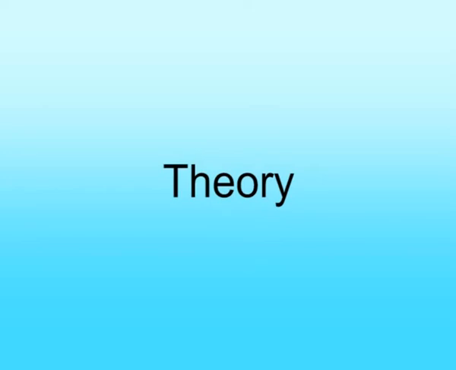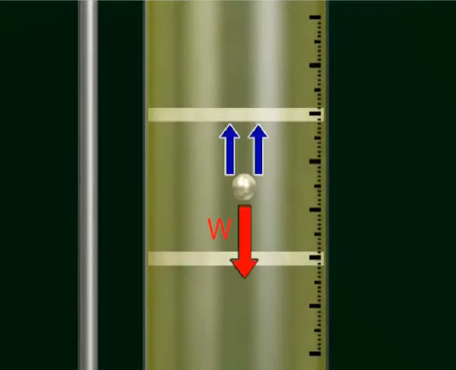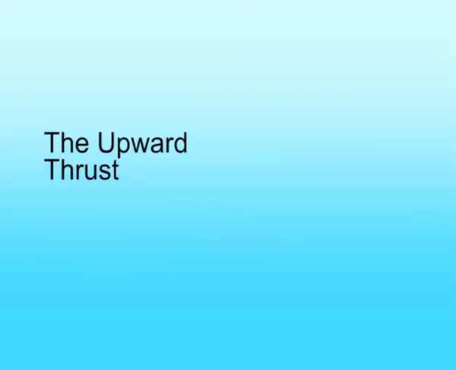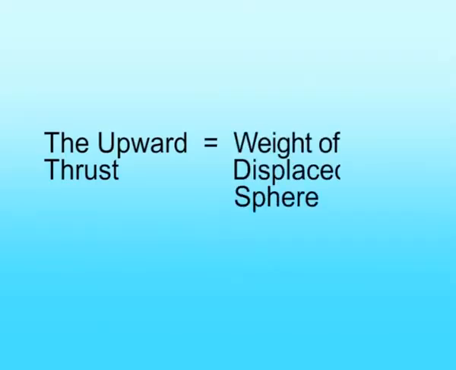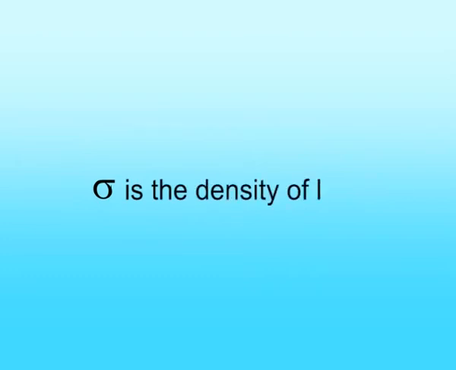Let's now know a brief theory behind the experiment. When a spherical object is allowed to fall through a viscous liquid, the weight of sphere acting downward is given as 4 by 3 pi r cube into rho into g, where rho is the density of sphere. The upward thrust equal to weight of liquid displaced by sphere is given as 4 by 3 pi r cube into sigma into g, where sigma is the density of liquid.